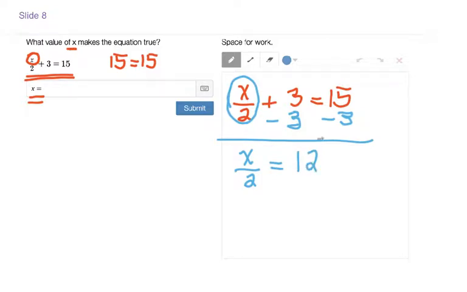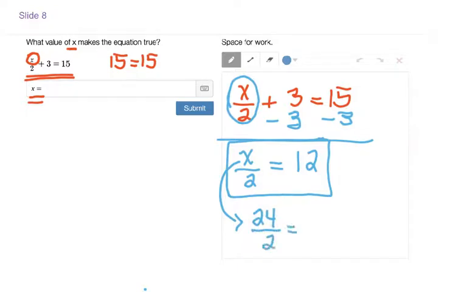So now I can look at this equation and I can say, okay, what value of x do I need that when I divide it by 2, it equals 12? So what I can do is, I know that if I take 24 and divide it by 2, the answer is 12.